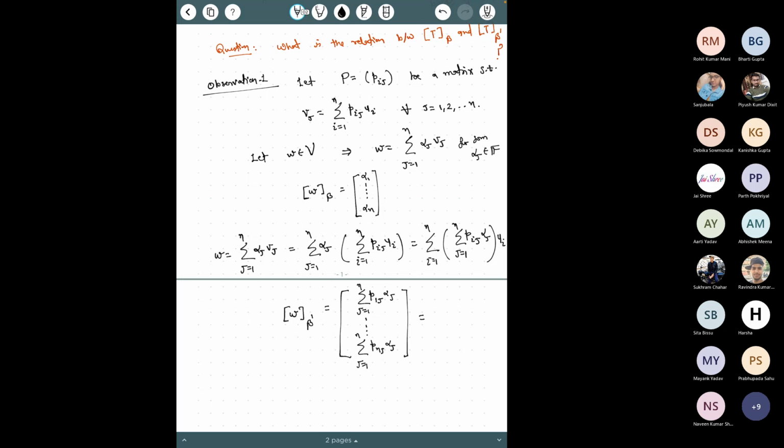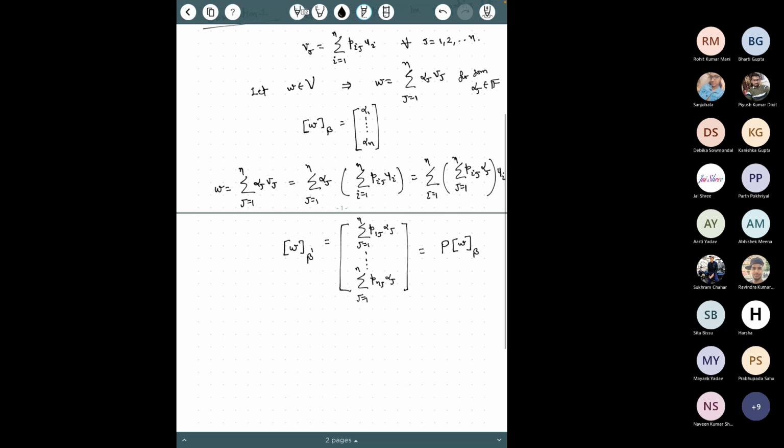But what is this vector? This is the product of P and the matrix of W with respect to B, right? So it's the product of P and these alphas.